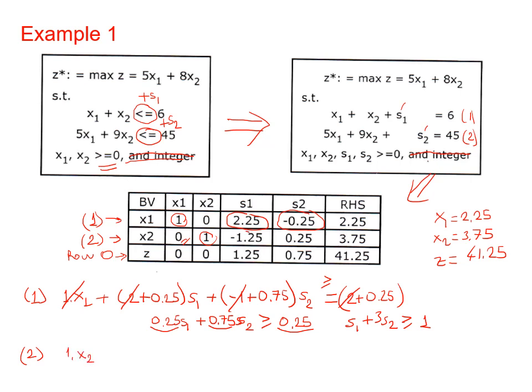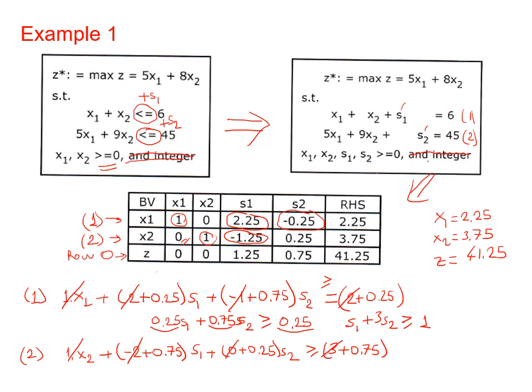For S1 it is minus 1.25, so in order to have a positive fraction, I'm going to write minus 2 plus 0.75 S1, and for S2 it is already a positive fraction, 0 plus 0.25 S2, and the right hand side is 3 plus 0.75. Again, delete the integer parts.